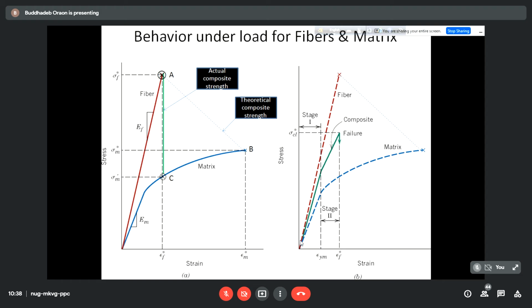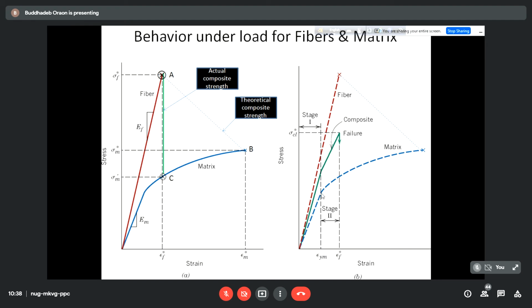Initially, since the matrix is taking the load, it is linear. So at low stress, the matrix and fiber both are linear, so the curve is becoming linear. Now, when the matrix is yielding at this particular sigma ym, this is the yield point of the matrix. That means here the matrix is yielding.